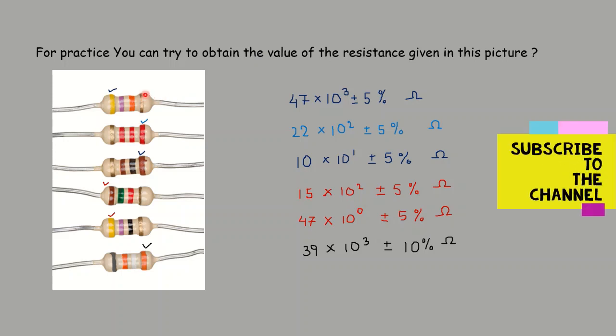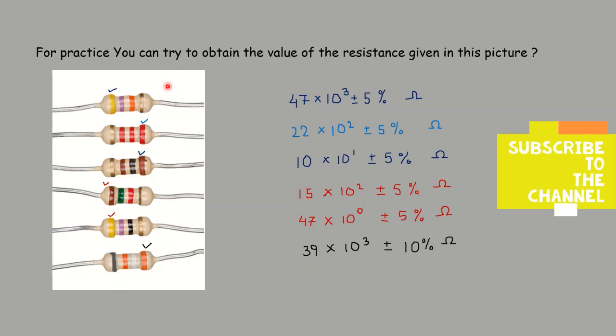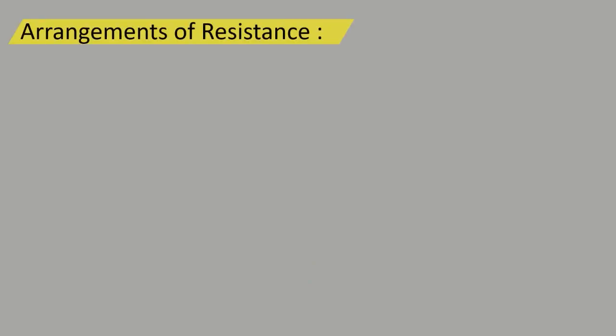Here gold is not used as the first significant digit, that is, the last band is not used as the first, because most of the time gold acts as the tolerance value, and hence you can check all these values that have been calculated here.